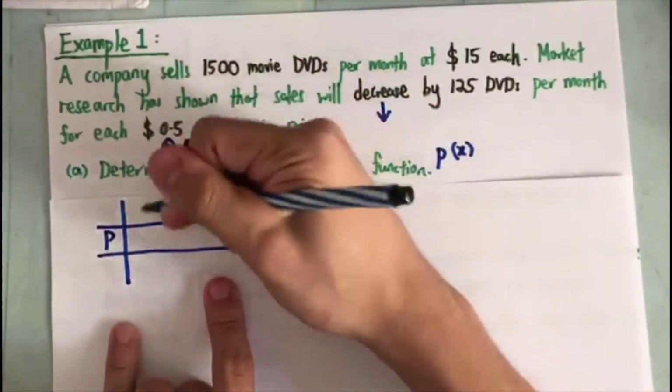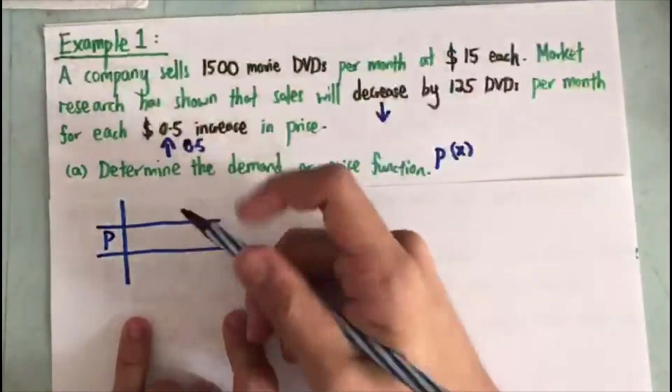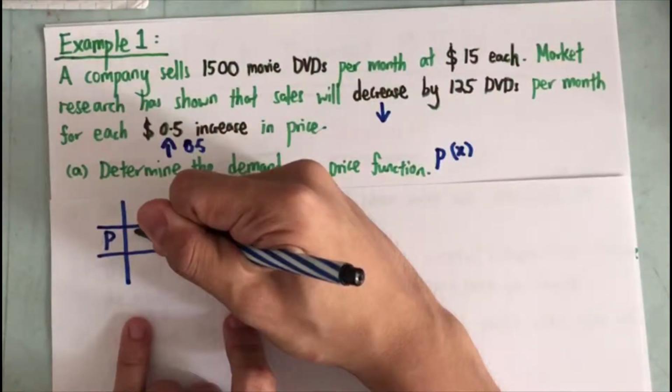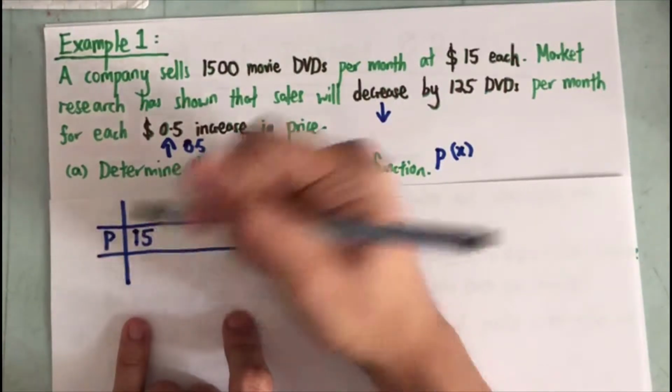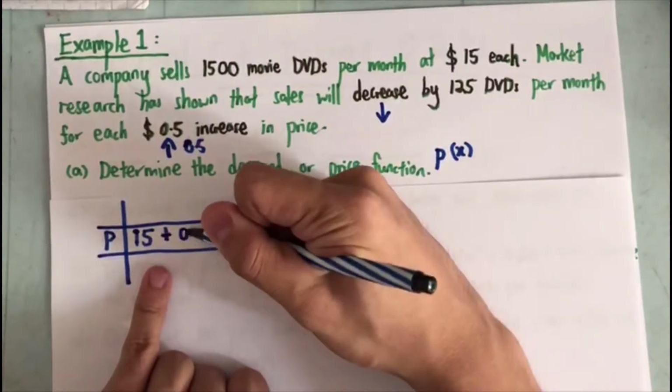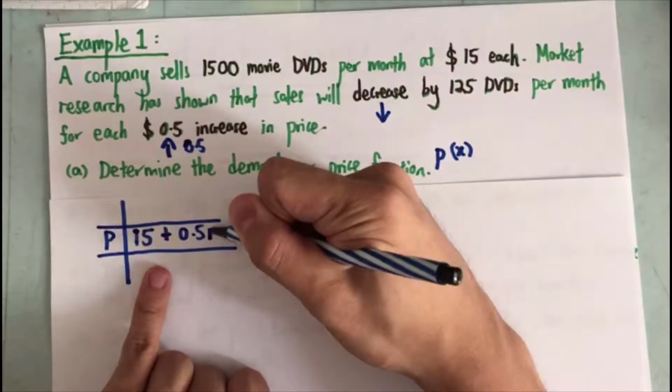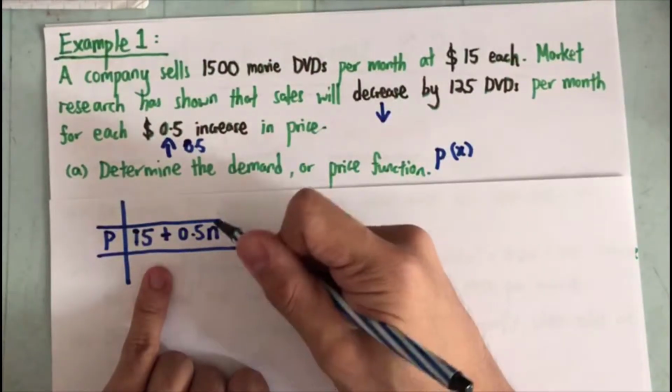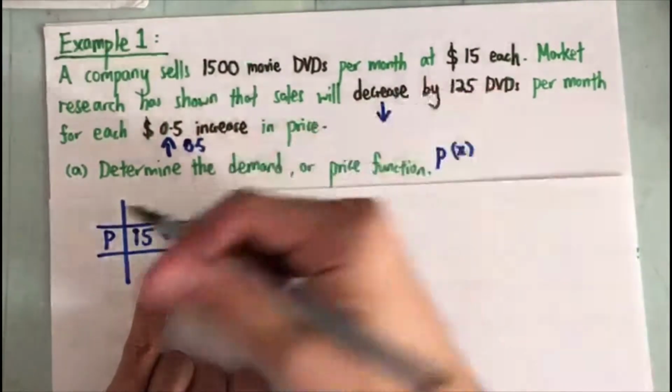For price, we have the information: initially $15 each, and then it increased $0.5 each time. n means the number of increases in price.